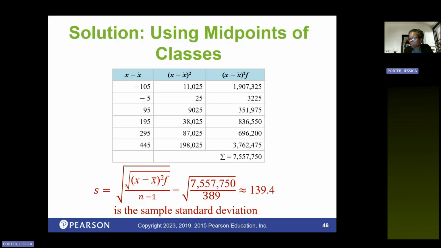I'm not sure why this extra square root symbol is there. It's not supposed to be there. And then we'll divide that by 389 because the total was 390. Remember that? That was 390. And we'll get 139.4.